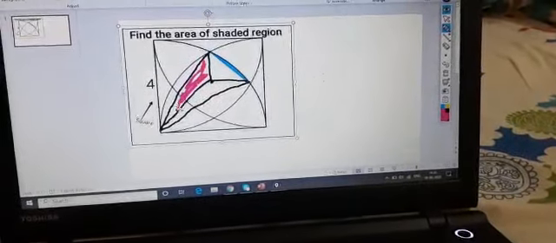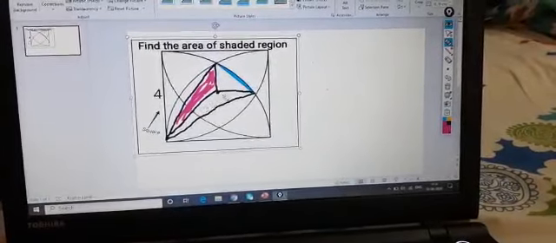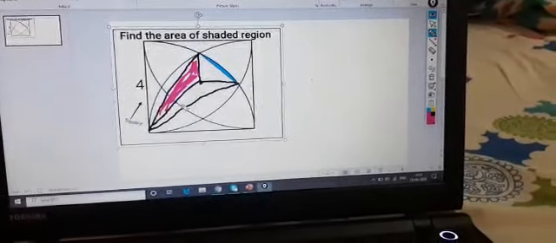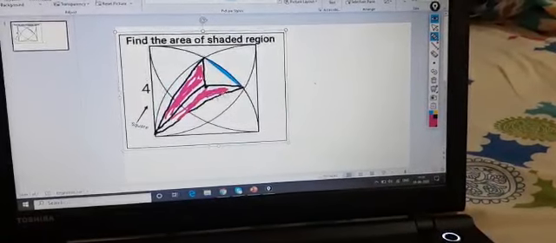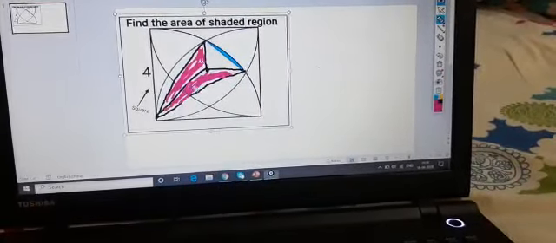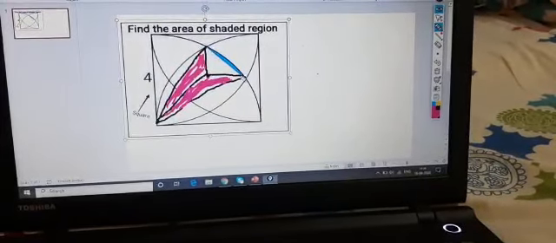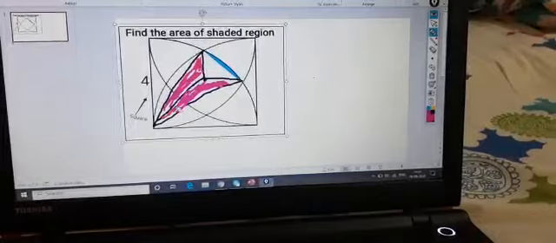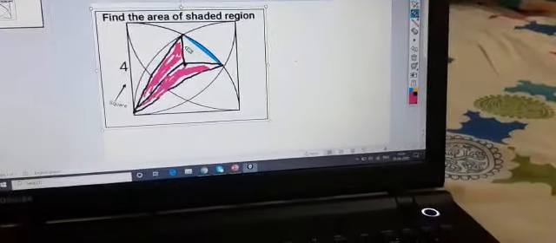It's a very interesting observation here. Can we find area of this part? This part is obviously equal to this part. Okay, now this concept will clear most of your doubts in plane geometry as to how to visualize the problem. So I would like to find out area of this part जो अभी मैंने पिंक किया है. This and this both are equal, so I'll try to find out one part of the problem. So let us see what can we do here.